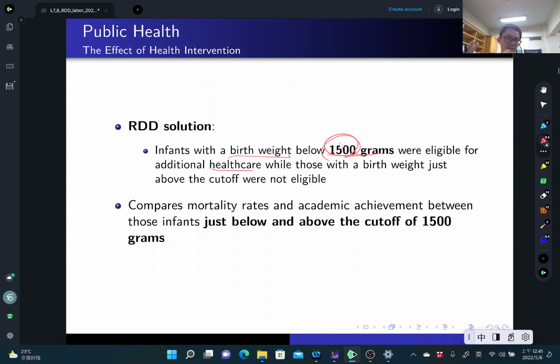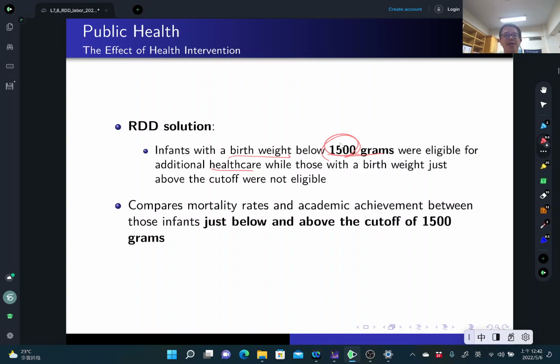You can consider the baby with the birth weight just 1,499 grams versus those who have the birth weight 1,501 grams. They should be very similar. They are all unhealthy. They all need a lot of care, but the care they receive due to this guideline is very different.